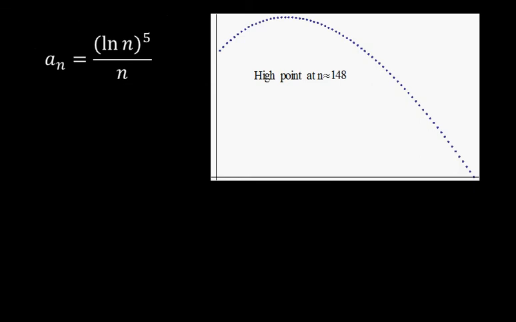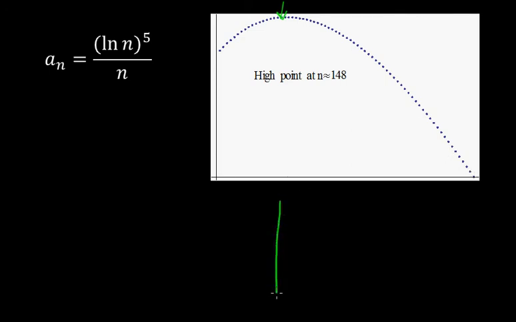And on this slide, I continue to plot the sequence, a sub n equal to natural log to the 5th divided by n. You see that the high point here is after about n equals 148, 149, and the sequence does start to decrease.